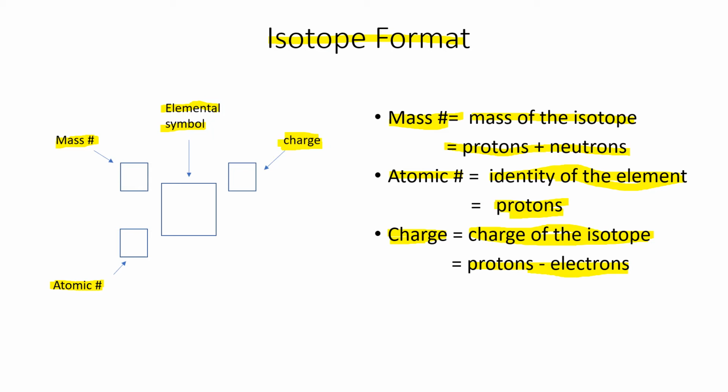This charge number can change because, as we're going to see in this course, the electrons are the movers, the doers of chemistry. They're the things that are changing. To kind of relate electrons to something you're a little bit more familiar with, I'm going to use a little bit of an economic example.